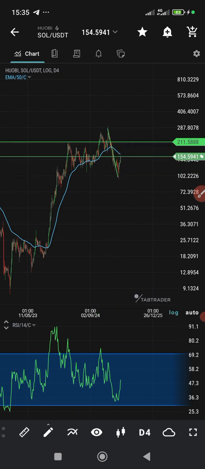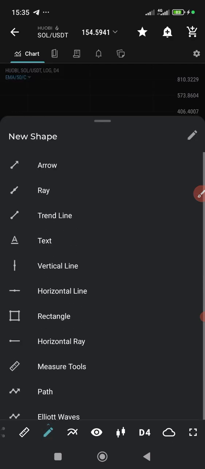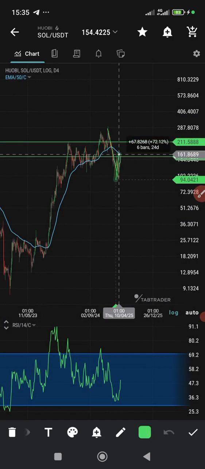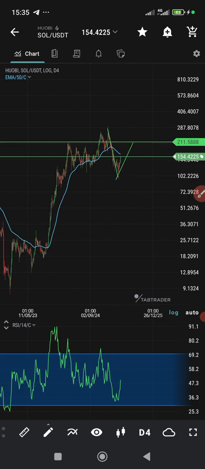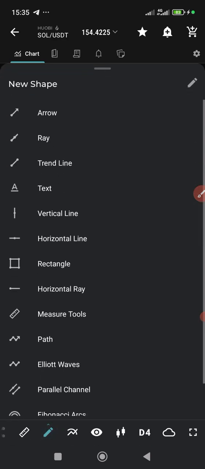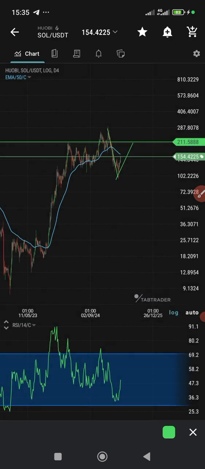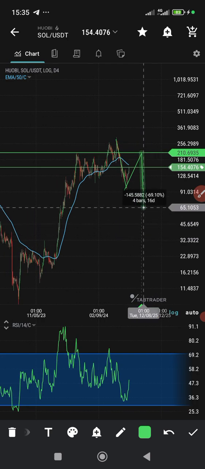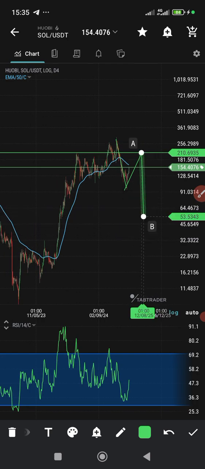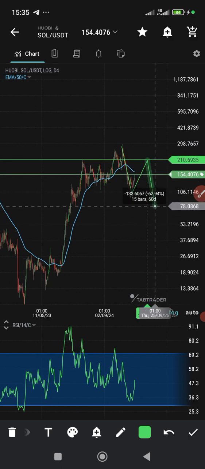Then we're going to have B, another wave that is going to correct A in such a way that it's going to be like this. And then the final move, the C. This C and A are normally equal, the size of A is equal to C.